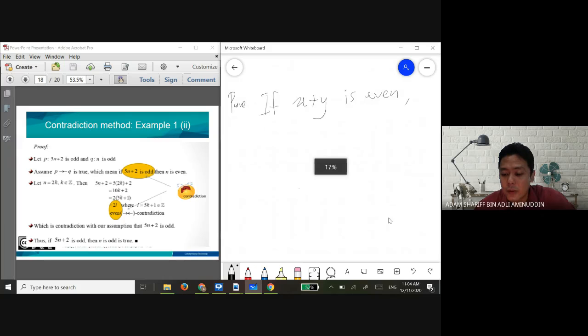No. Prove if x plus y is odd, then x times y is even.